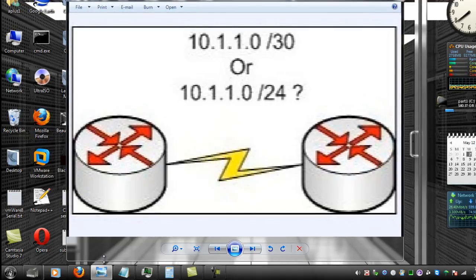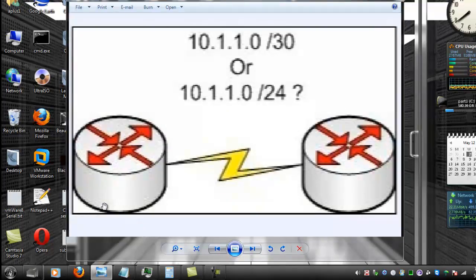If I use 30, that's going to yield 2 addresses, and that is all I need for this link. That's going to save us over 250 addresses. This allows a use of a tighter subnet mask than the default. So we're using one that yields a smaller number of addresses, and the IPs we're saving can be used in other parts of the network.